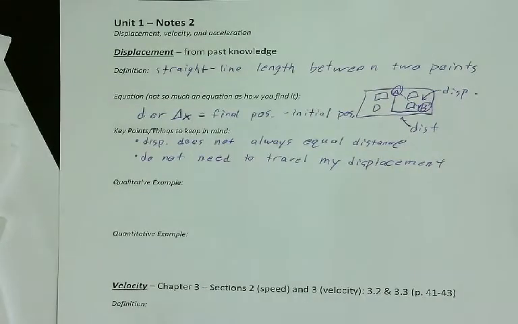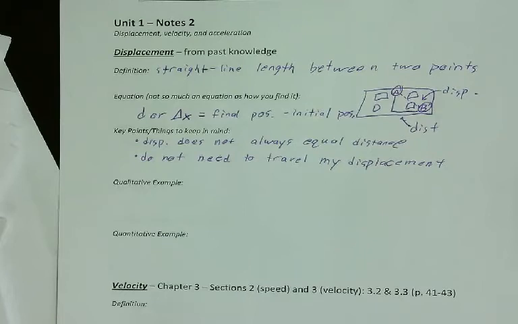Okay? Here's what I mean by that. I don't have to actually walk that route for it to be my displacement. I just have to measure it. So if I go from here over to the shower, okay, and I walk, 1, 2, 3, this is how I get here, I'm walking, I end up back here.